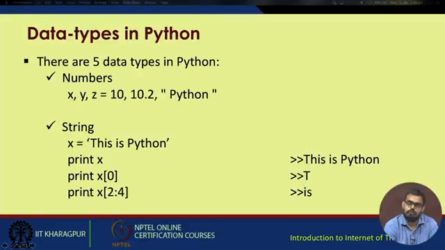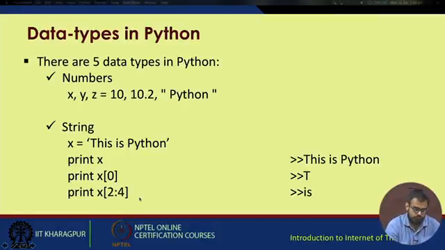Now suppose you want to access certain selected elements, so you write x 2 colon 4, that means select from index 2 up to index 4, and index 4 will be excluded. So you have actually 2 and 3, right? So 0, 1, 2, 3. So IS has been selected, and this is the output of this third statement.